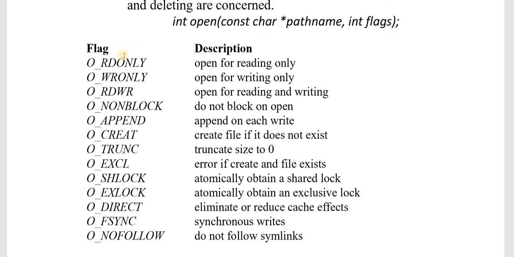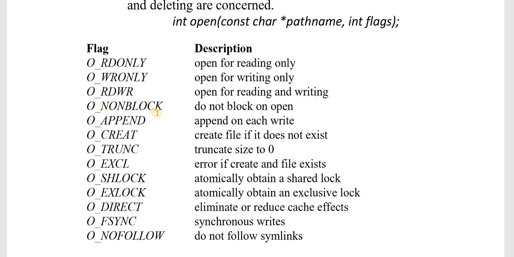So these are some of the possible flags that we can pass in this open system call as an argument. First is O_RDONLY. This is to open for read only. O_WRONLY is to open for writing only. O_RDWR is to open for reading and writing.